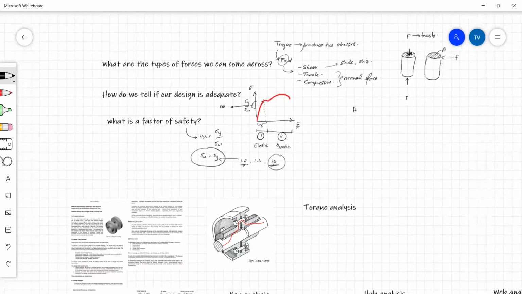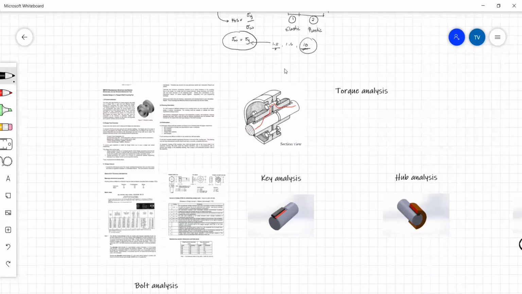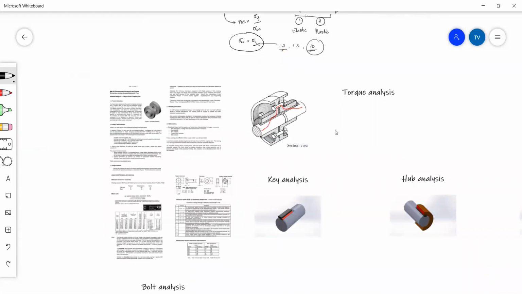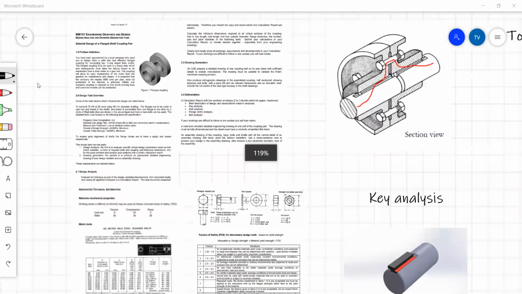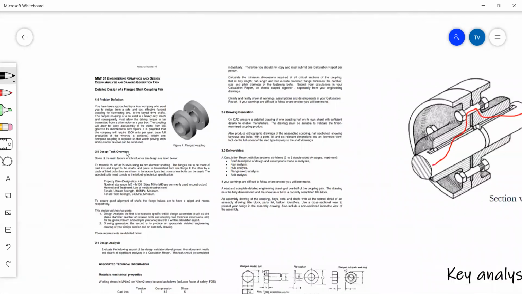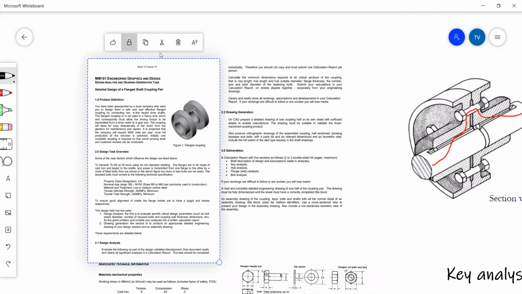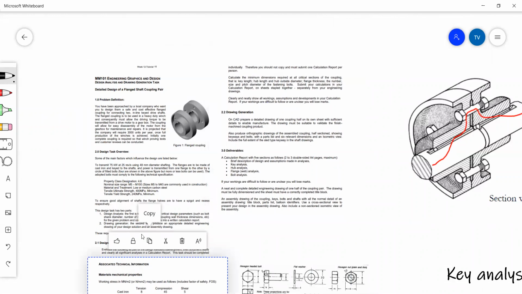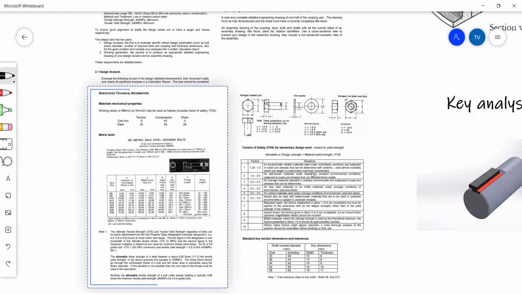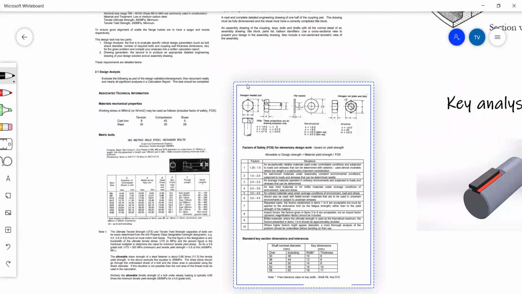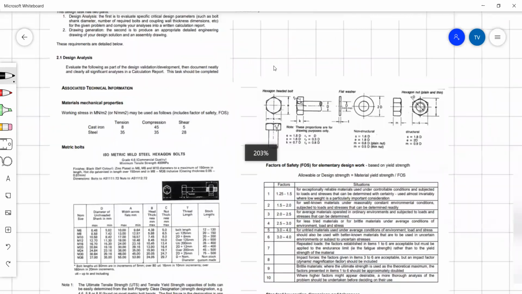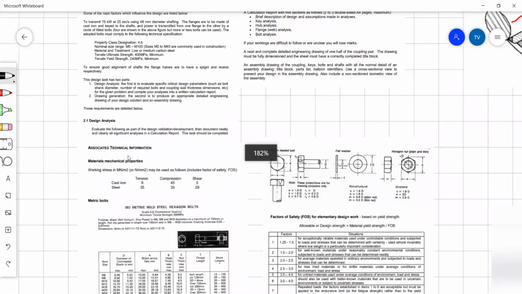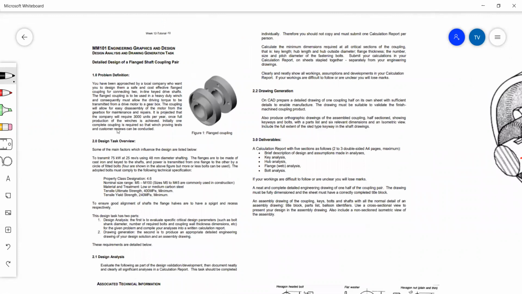Okay. So now we look at our assignment. Okay. So hopefully you've all read this already. You know what the deal is.